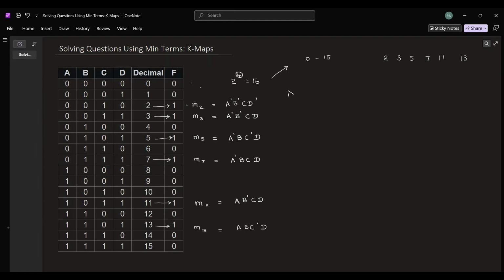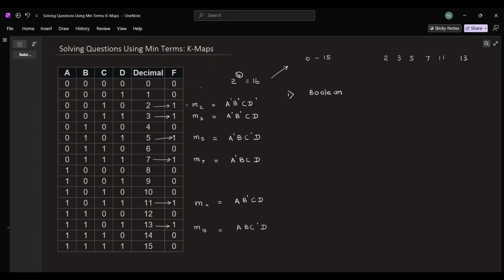So first we are finding the Boolean expression, aren't we? The Boolean expression for verifying prime numbers from 0 to 15.